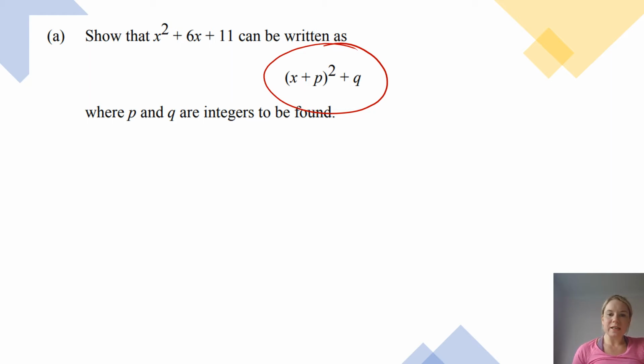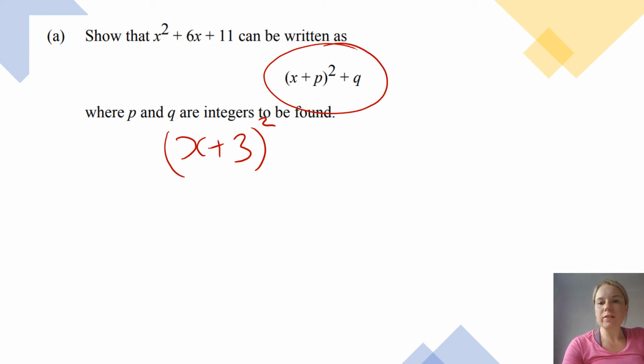To get this p value here, what we have to do is half the b value. So you end up with (x plus 3) squared. That's that bit. Then, what happens when you square (x plus 3)? I'll just do a little side working, you might already know this.